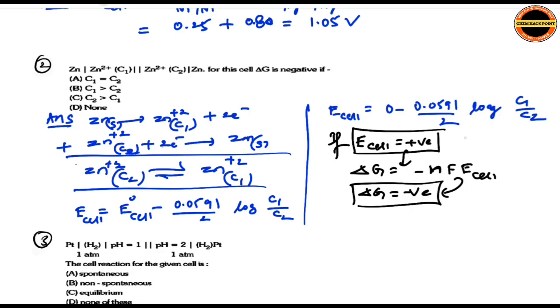E cell is positive when C1 is less than C2. So hence our answer should be C: C1 less than C2, that is option C is correct.